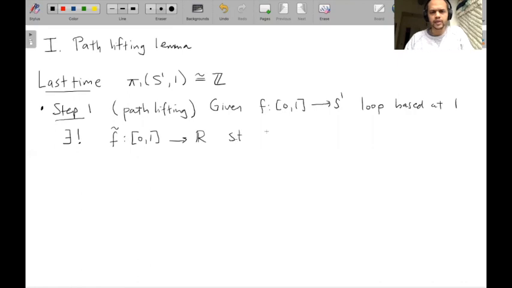With the property that this path starts at 0, so f tilde of 0 is 0, and it lifts the original loop.